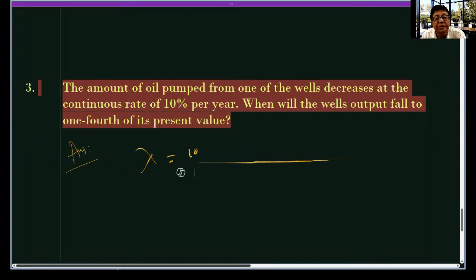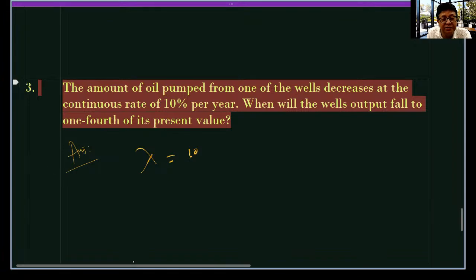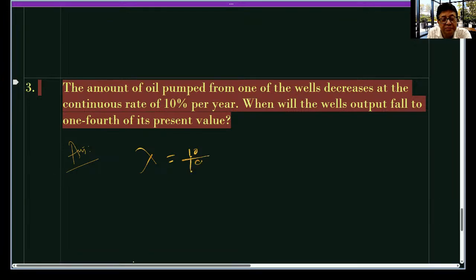So λ is 10 by 100. Agree or not? This λ is 10 divided by 100, one by 10. Now it decreases. So when will the well output fall to 1/4?